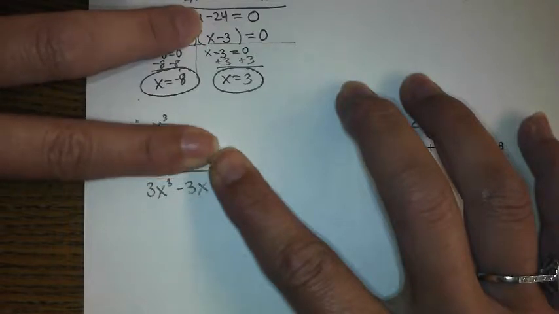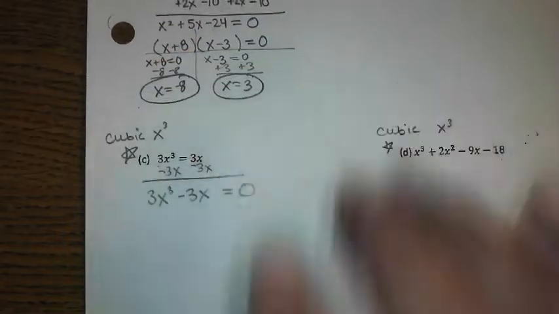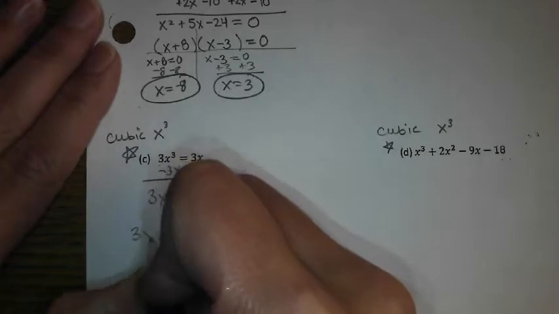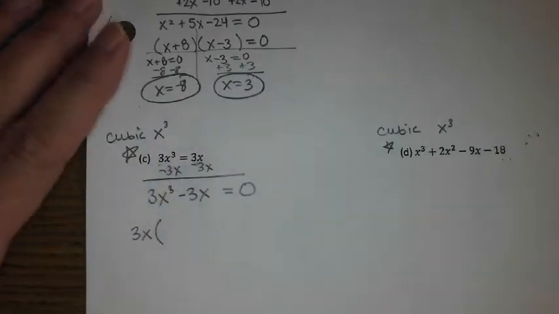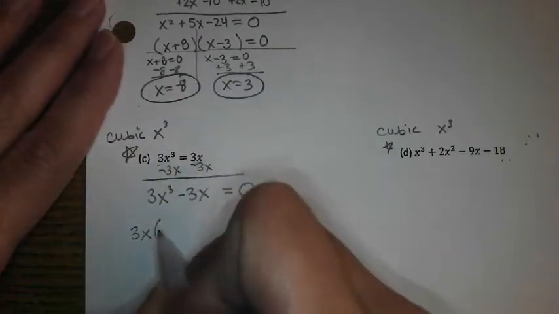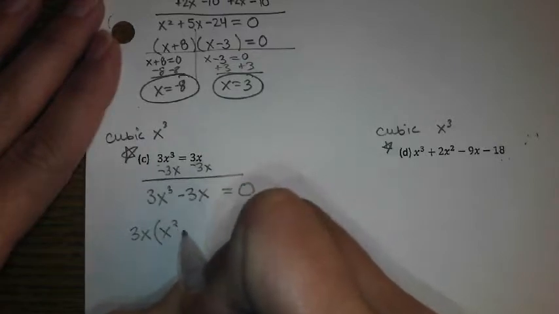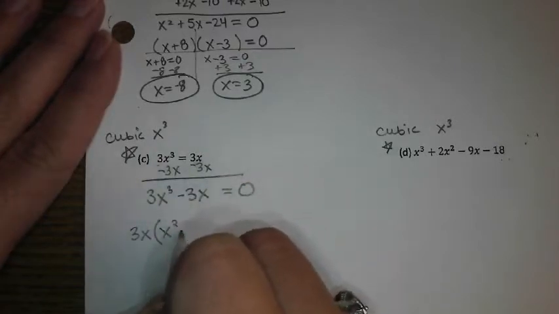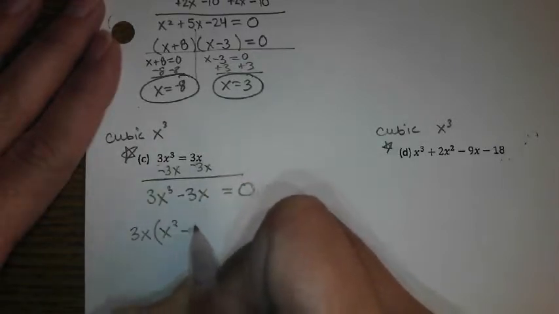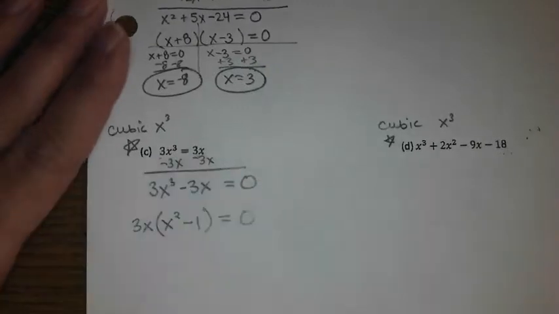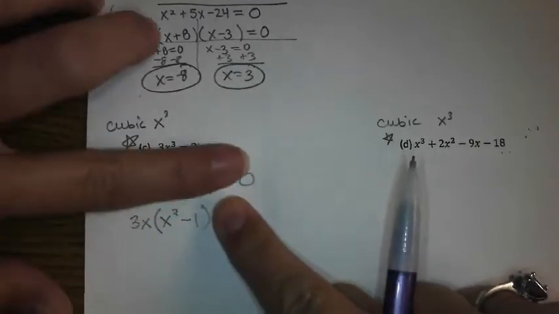Find the GCF, and what is it? 3x. So we're going to take out 3x and what's left? X squared plus or minus? Minus 1. Perfect.